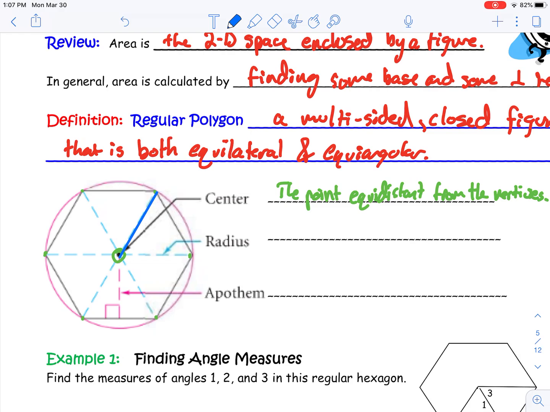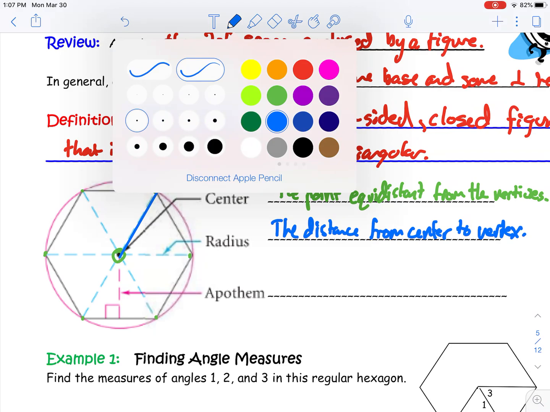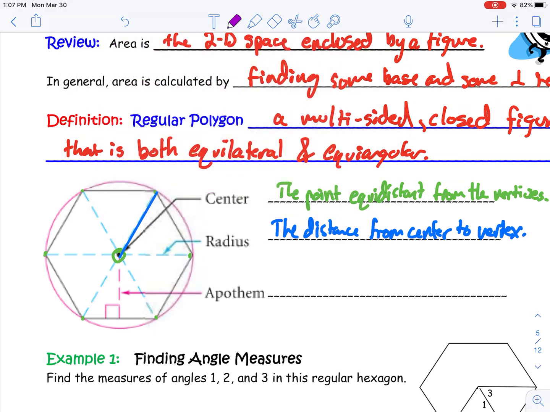And that is actually what we call a radius, which is the exact same thing we refer to in a circle. This is the distance from center to vertex. Now, the thing that's different about a polygon compared to a circle is that a polygon does not have constant distance from the center.